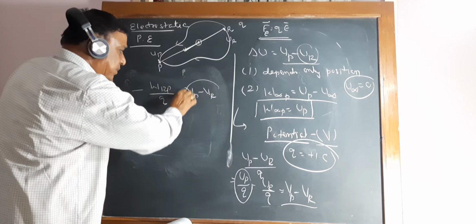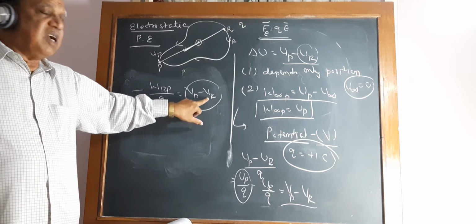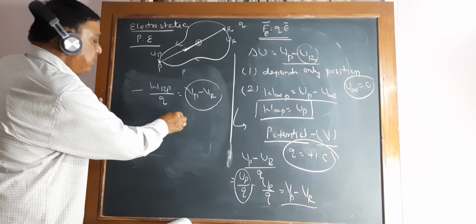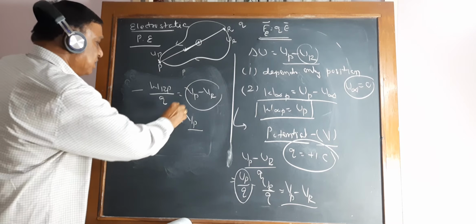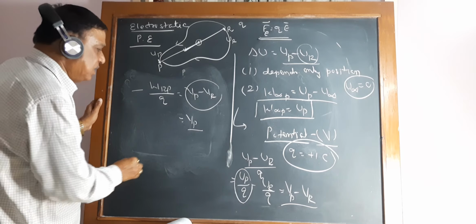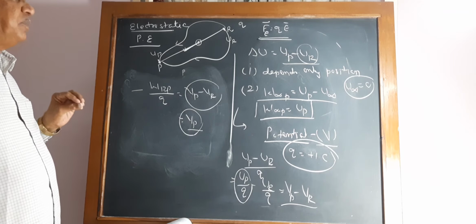Means potential is a difference. Again we are taking R at infinite, then it is nothing but Vp. So if the other point is infinite, again the definition of electrostatic potential.